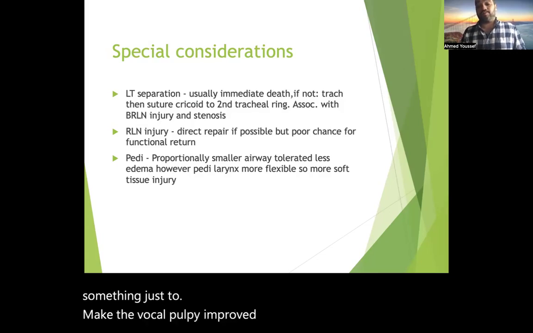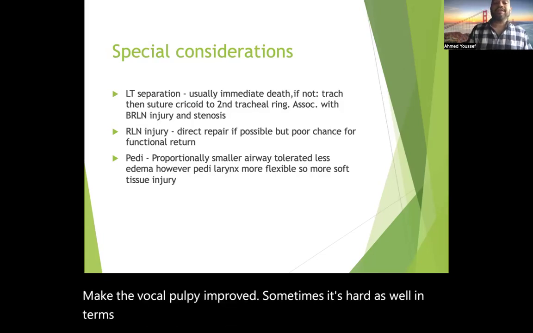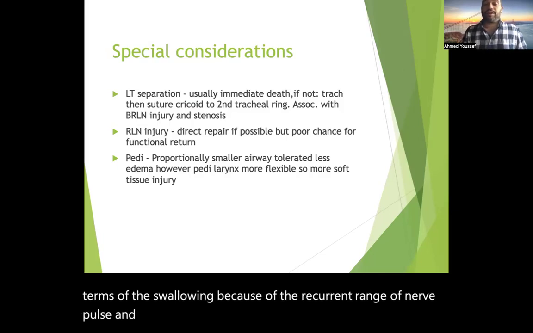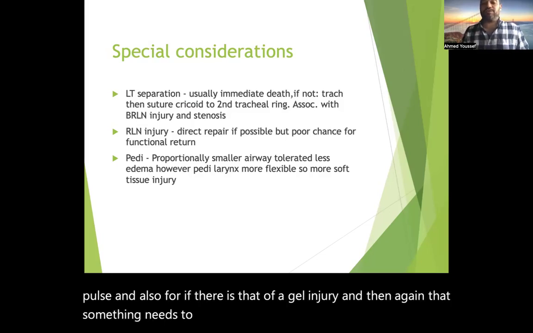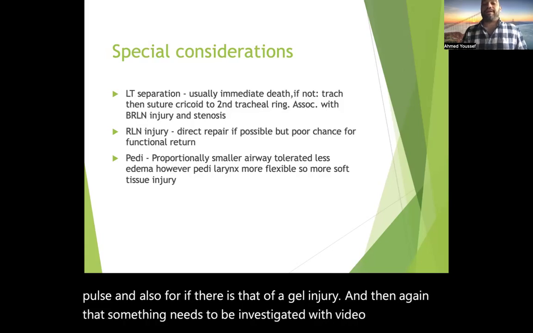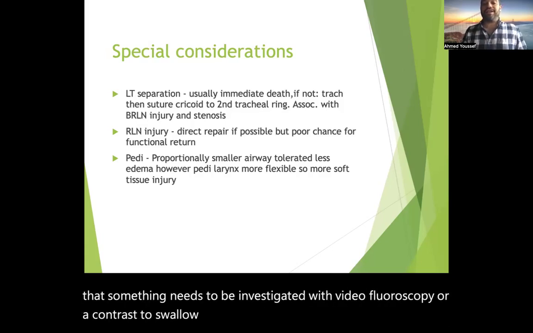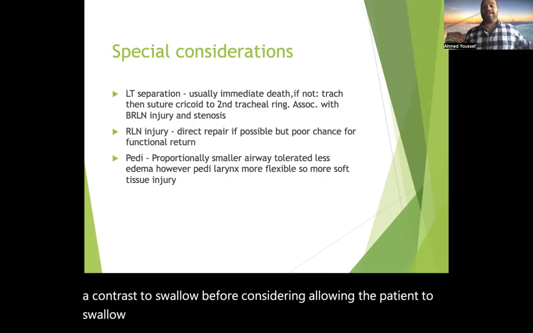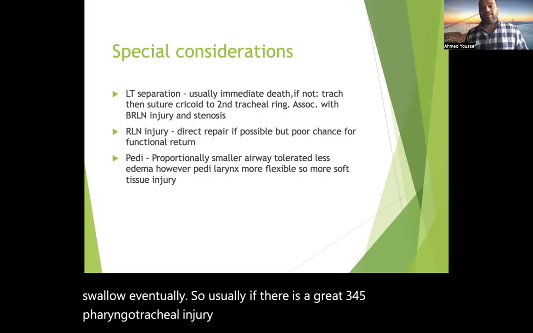Sometimes it's hard as well in terms of the swallowing because of the recurrent laryngeal nerve palsy. Also, if there is an esophageal injury, that needs to be investigated with video fluoroscopy or a contrast swallow before considering allowing the patient to swallow eventually. So if there is a grade 3, 4, 5 laryngotracheal injury, take care about the esophagus.